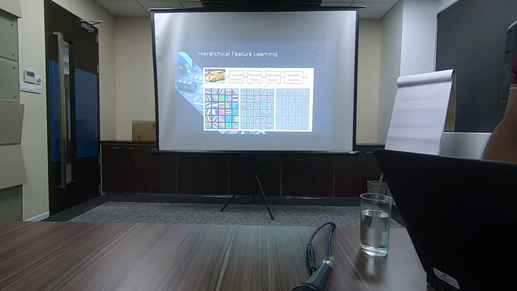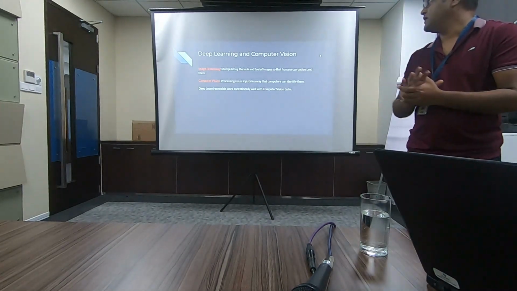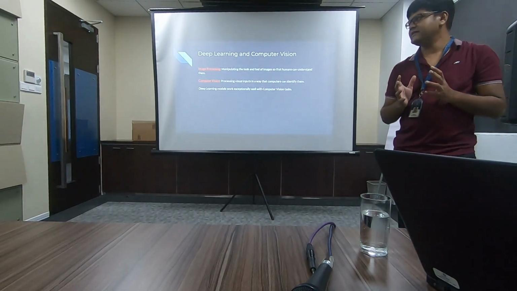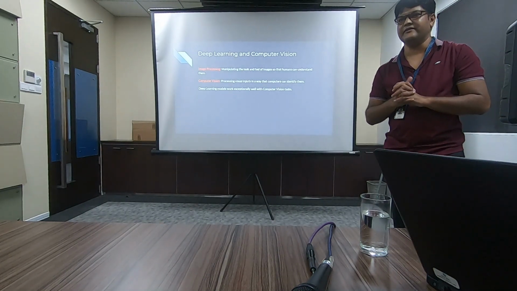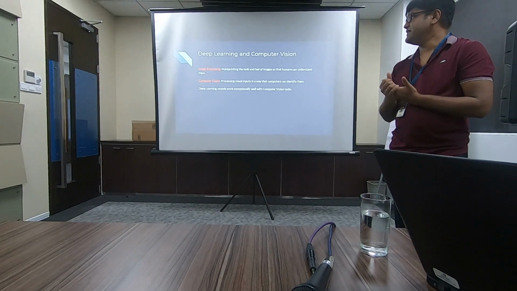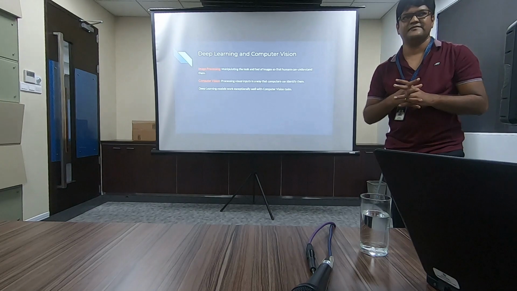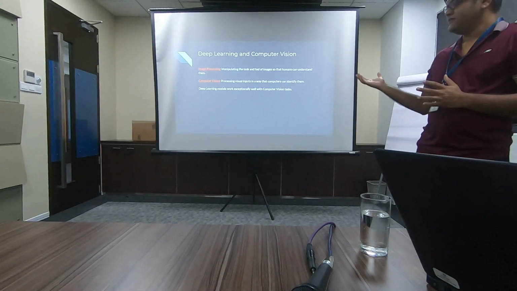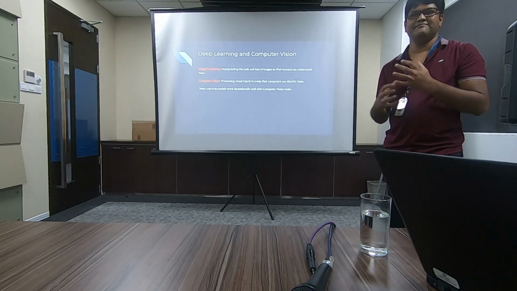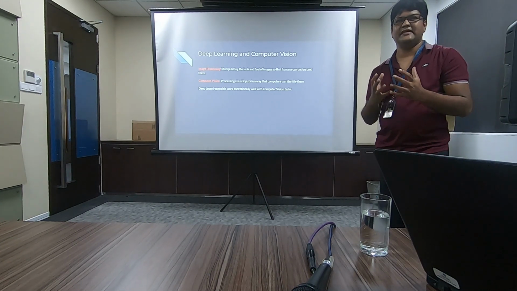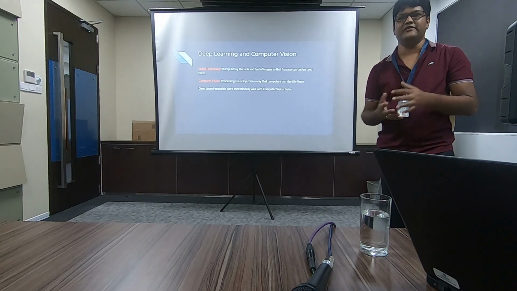Okay, so what about computer vision? Deep learning is not just computer vision, it's just one of the fields that deep learning is working on. Do you know what's the difference between normal image processing and computer vision? Image processing normally means we manipulate or do some things to the images so that humans can identify them or get some meaning out of them.